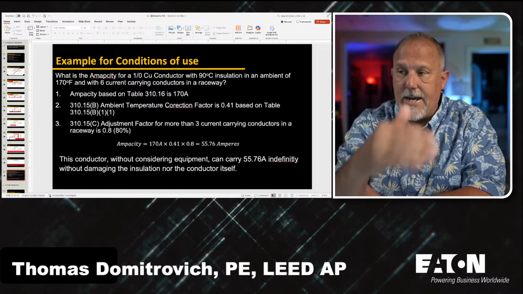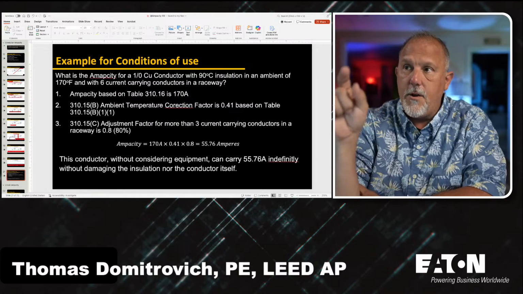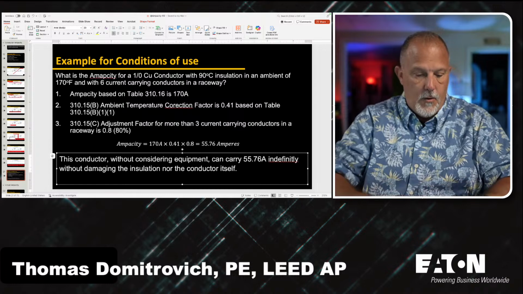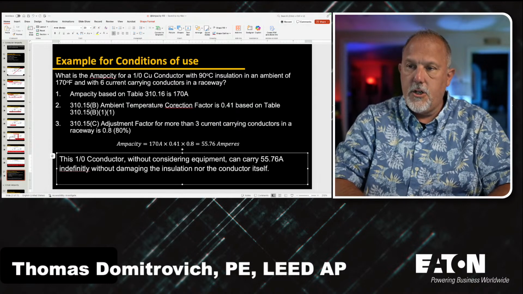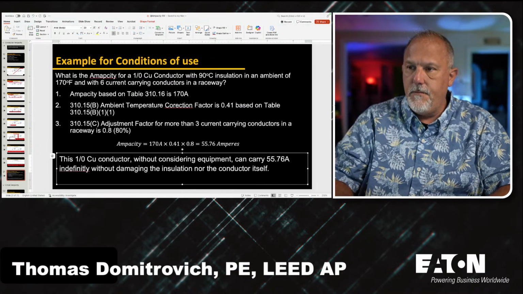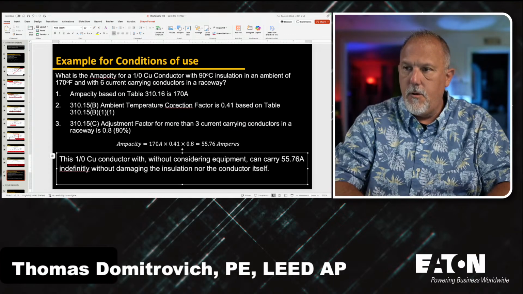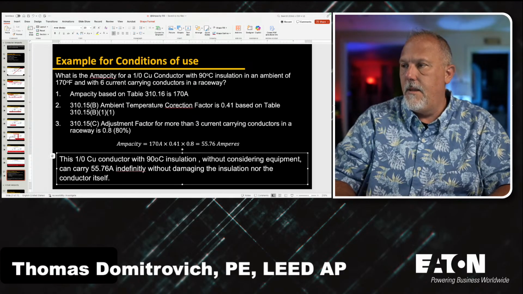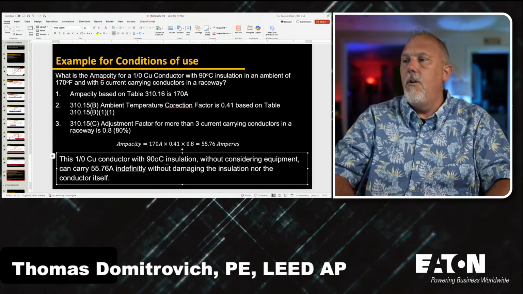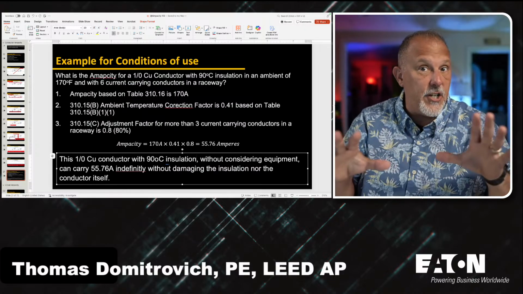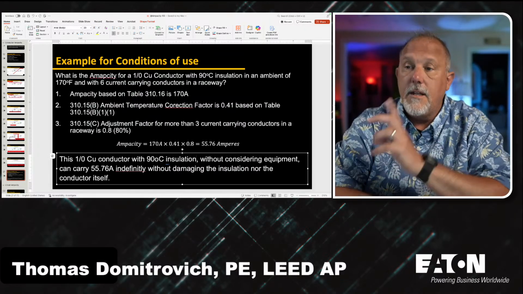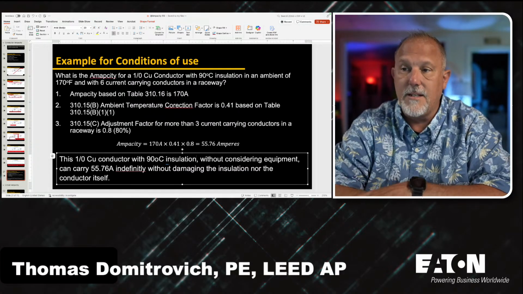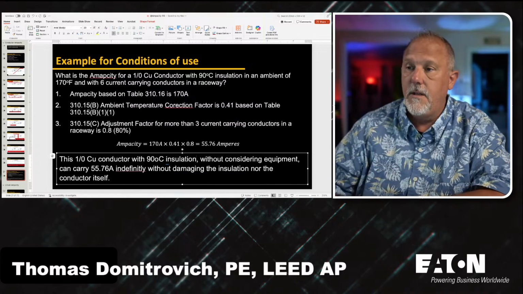I adjusted the ampacity for this 1-aught copper conductor with 90 degrees C insulation, without considering equipment, because I haven't done that adjustment for 110.14, can carry 55.76 amps indefinitely without damaging the insulation nor the conductor itself.